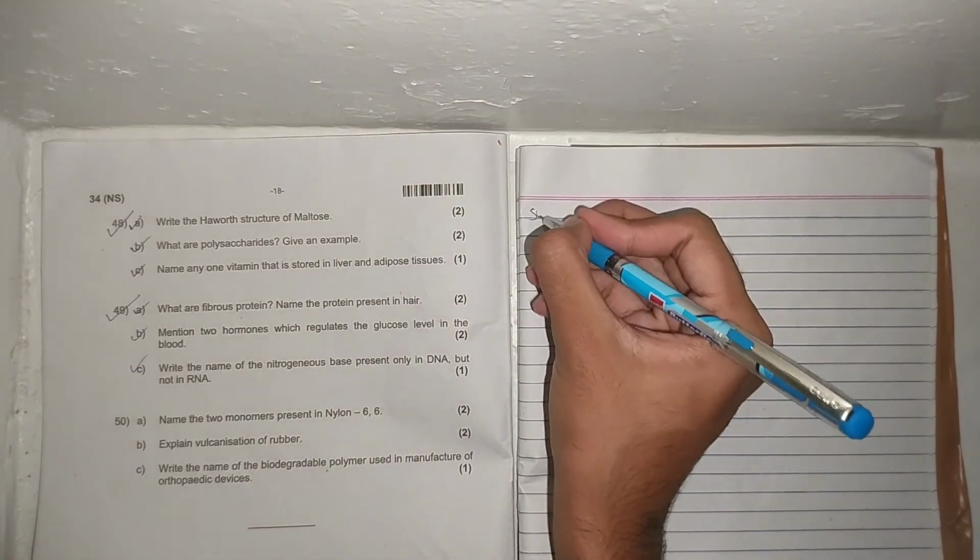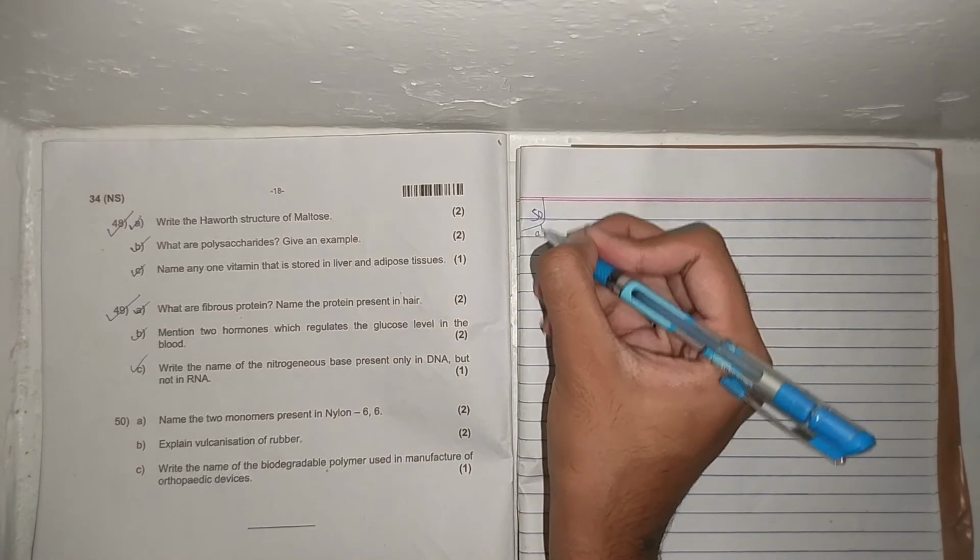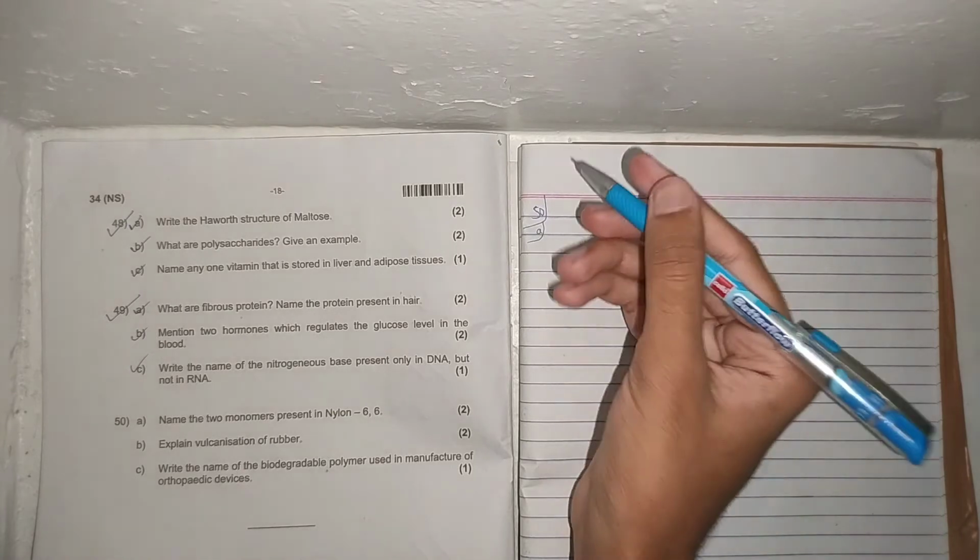Let us move to the last question of this 12th standard chemistry question paper 2022 Karnataka board. So it is the 50th question. A question they asked, name the two monomers present in nylon 66.